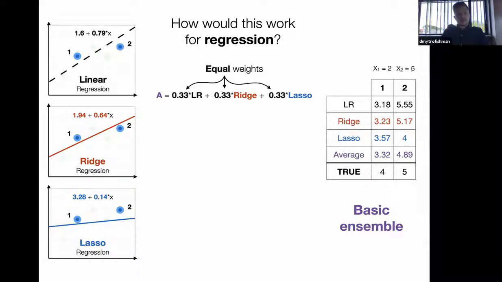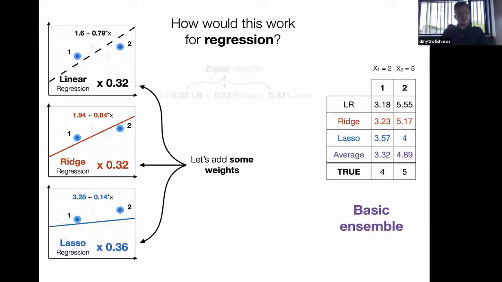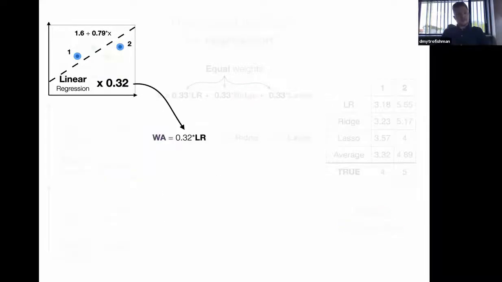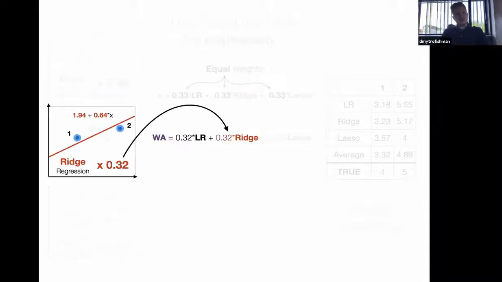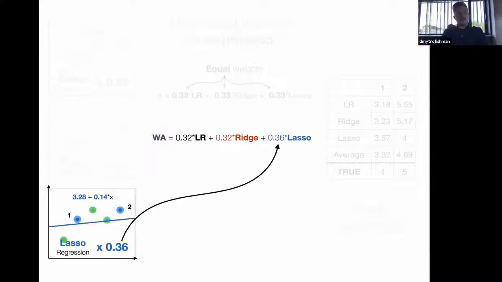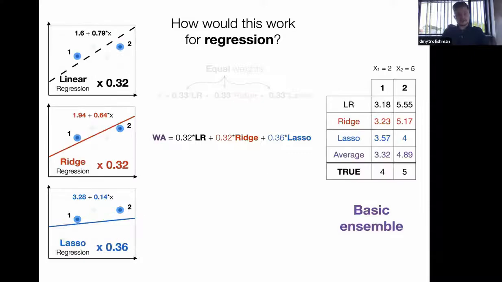In the case of weighted ensemble, yeah, these are equal weights. In the case of weighted ensemble, you could use some weights, for example, these kind of weights, right? Then instead of using 1/3, you would use a 0.32 multiplied by the prediction, 0.32 multiplied by the other, and then, for example, 0.36, if you would trust this model more than you would trust the other models.